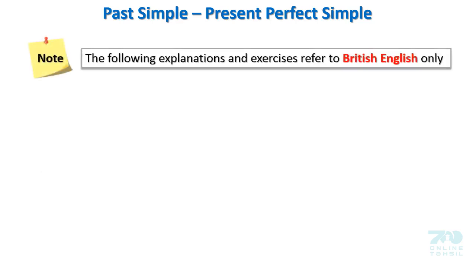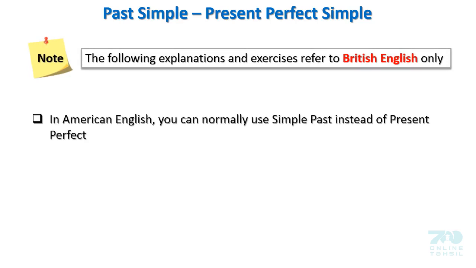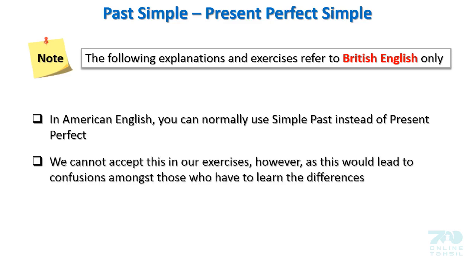Note that the following explanation and exercises refer to British English only. In American English, you can normally use simple past instead of present perfect. We cannot accept this in our exercises, as this would lead to confusion amongst those who have to learn the differences.